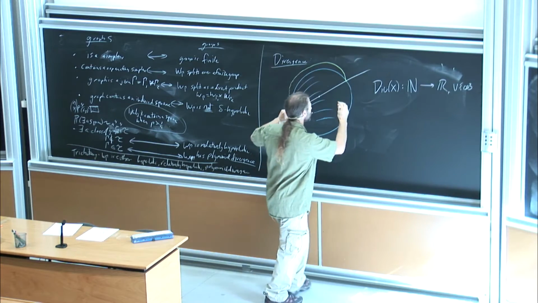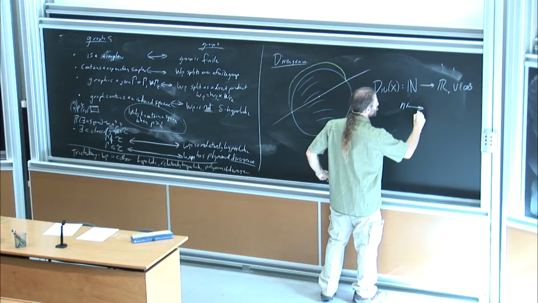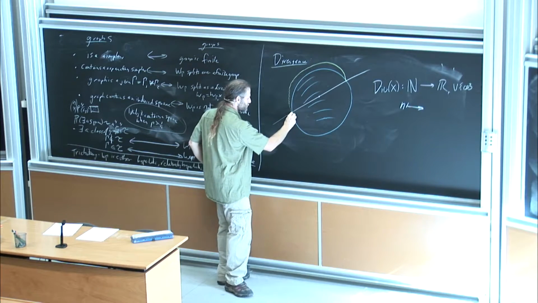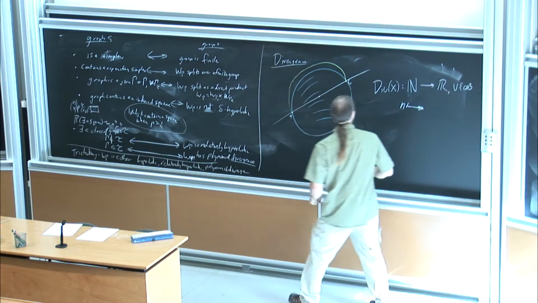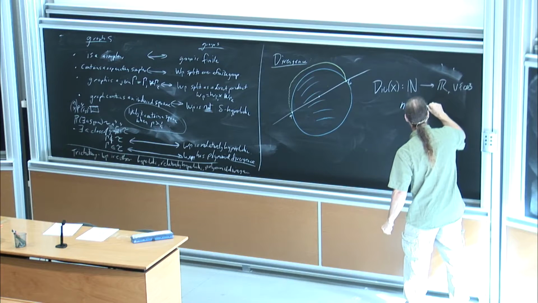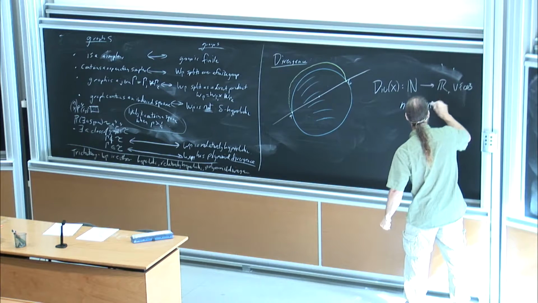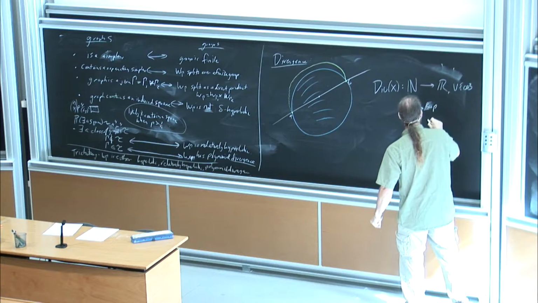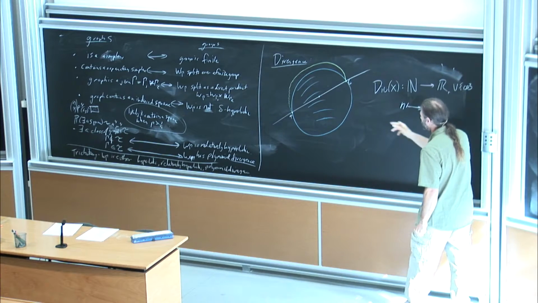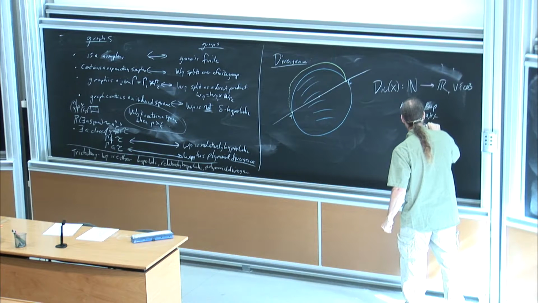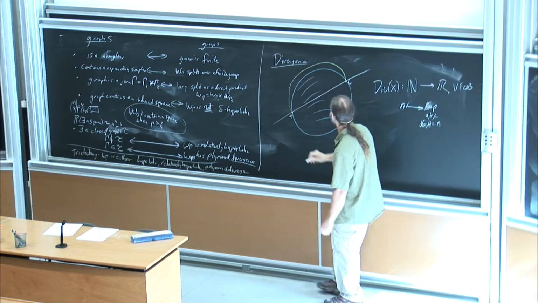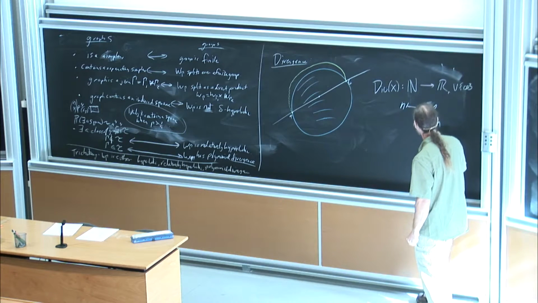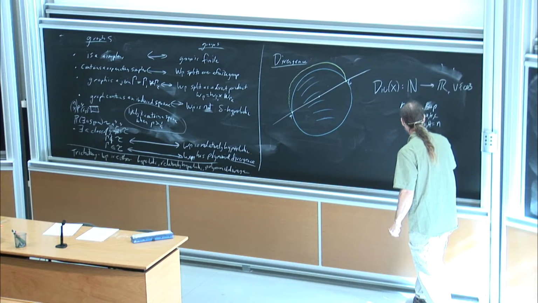But for every number n, we want to look at pairs of points, which I'll call A and B, and take the sup over triples A, B, and C, where the distance between A and B is, say, n.